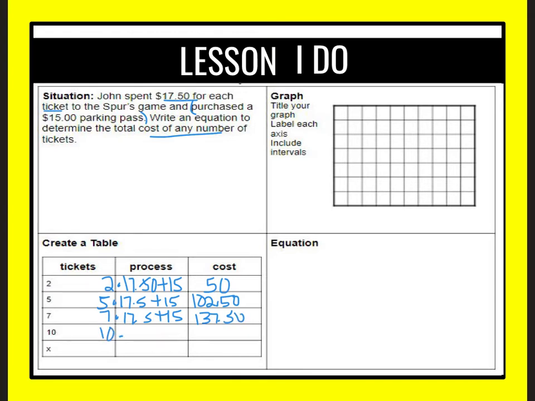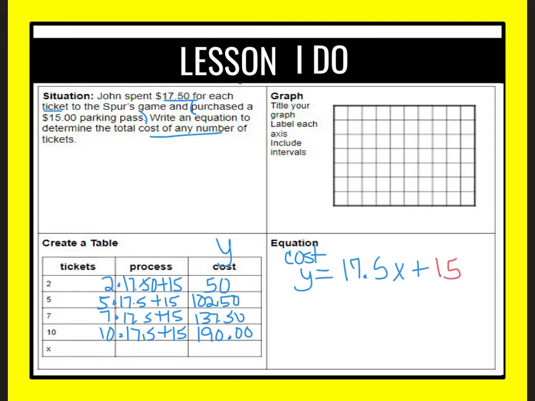So if I calculate 10 tickets at $17.50 plus the $15, that gives me $190 that I spent to go to the Spurs game. So in this situation, in order to figure out the total cost, I'm going to take my constant rate of change, $17.50 for each ticket, but I need to include the parking, that plus 15.